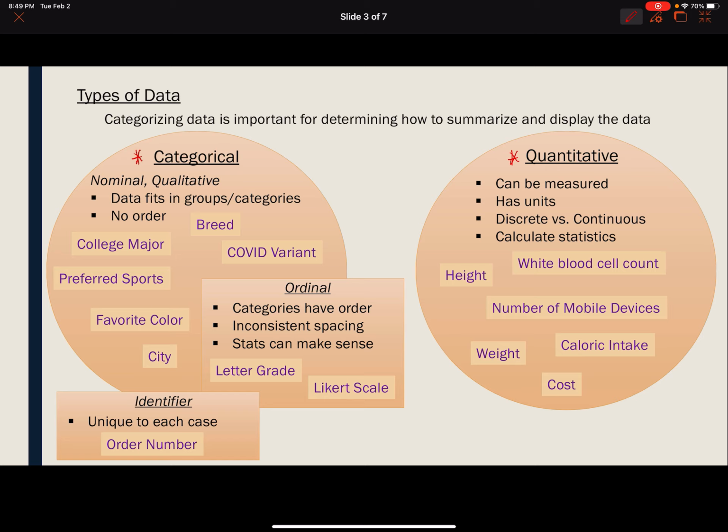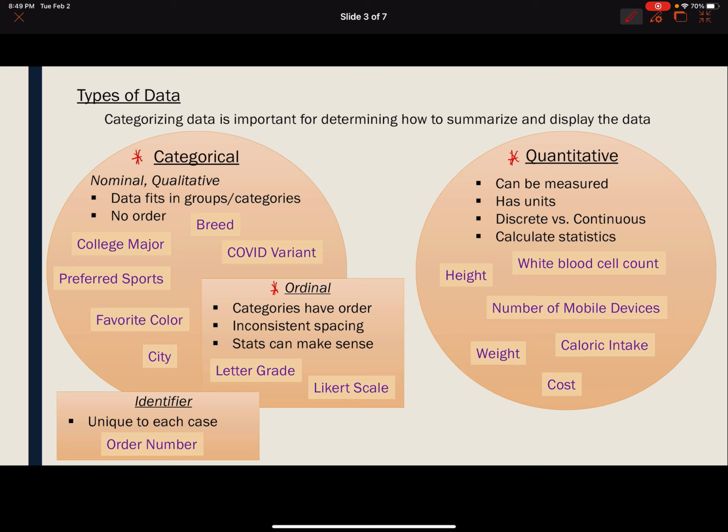So now I'm going to go back and talk about ordinal variables. And you want to be very careful of ordinal variables. So they are categorical variables, but they're categories that have order. So think about like letter grades in a class.